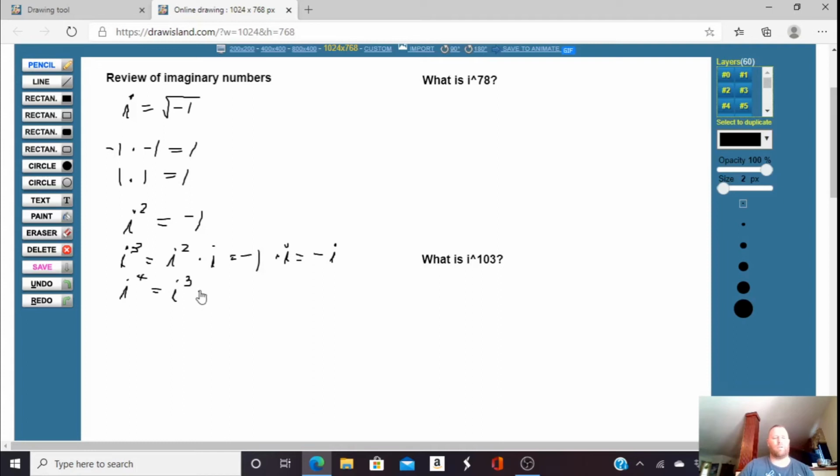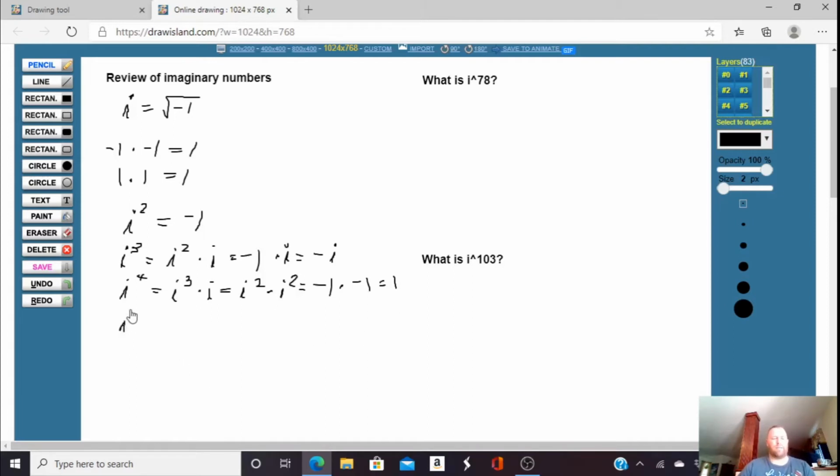Or another way to write it is i squared times i squared. Which is -1 times -1, which is just plain old 1. Okay? So i to the fourth is 1.